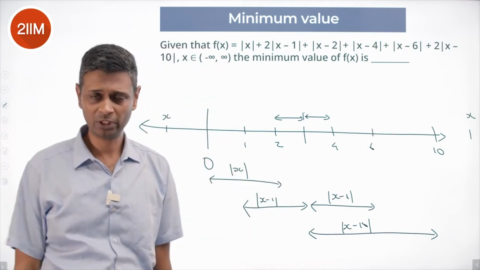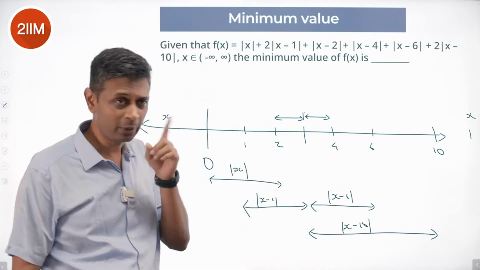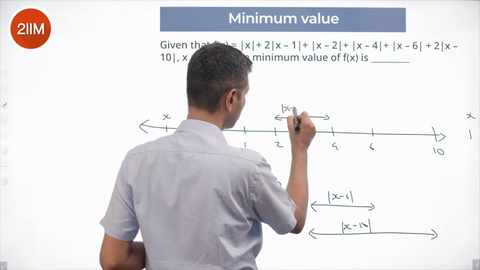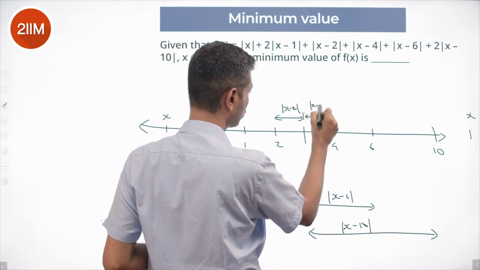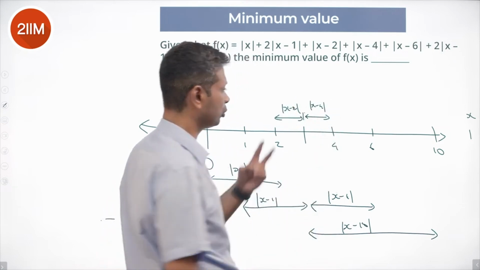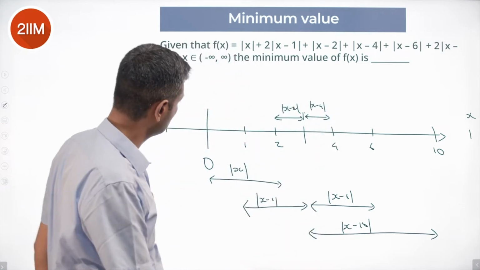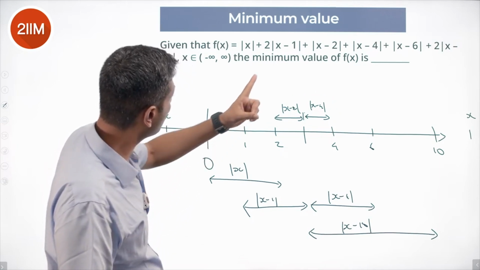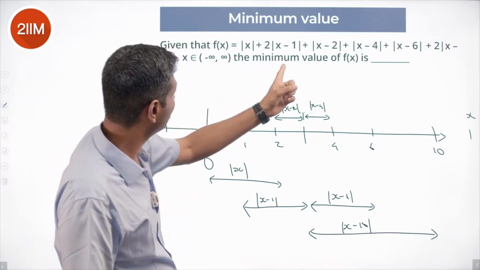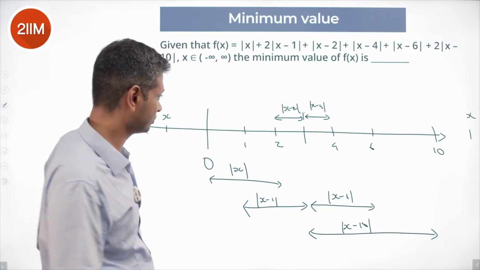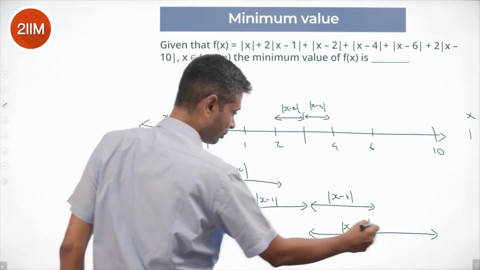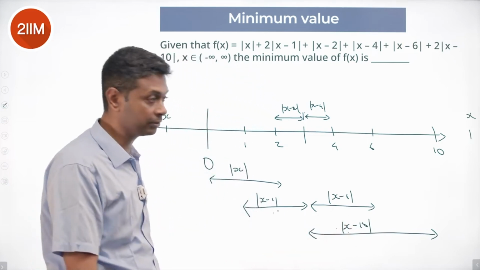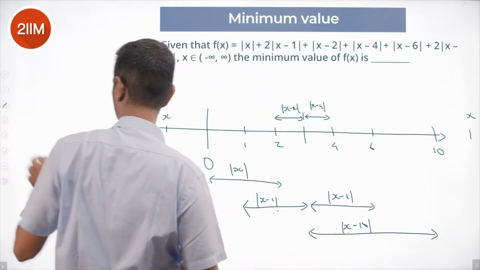Somewhere in between. What I'm saying, if it is in between, then modulus of x minus 2 and modulus of x minus 4, these two add up to 2. Likewise, modulus of x minus 1 and x minus 10, these two add up to 9. So let's pair them up.